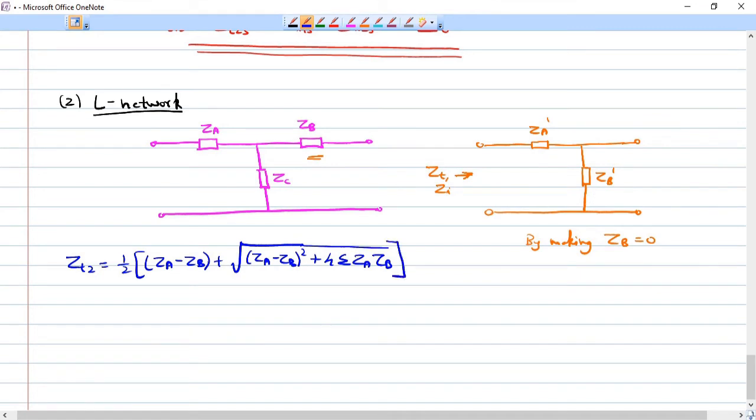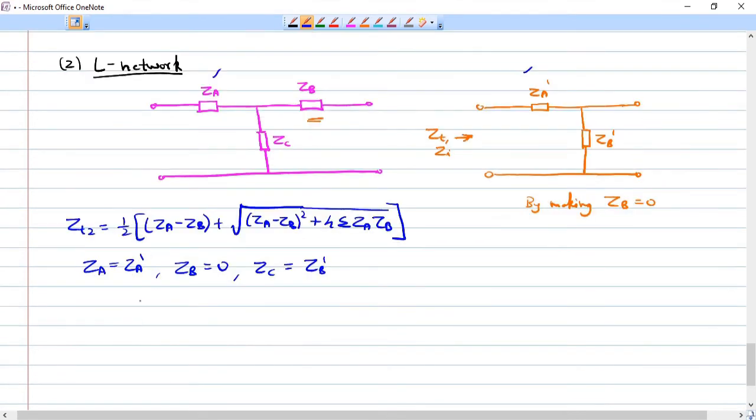Okay, so we make the modification. What is the modification? We replace ZA with ZA dash. Then ZB we make 0, because there is no impedance in the series arm here. Then ZC will be replaced by ZB dash.